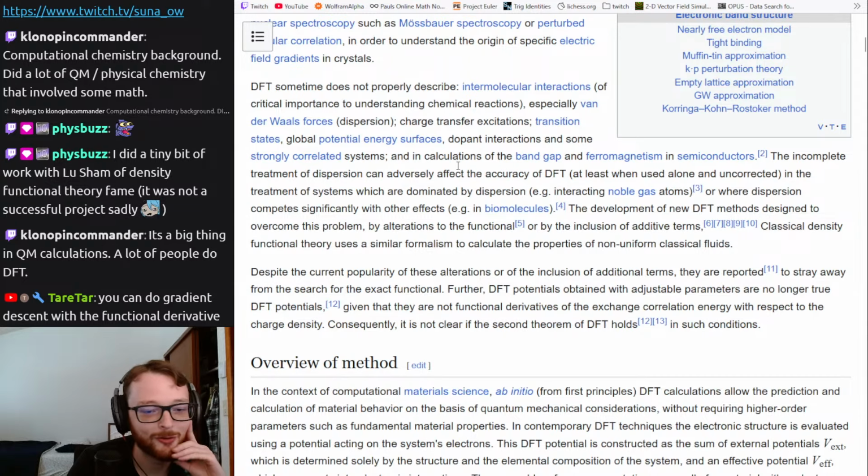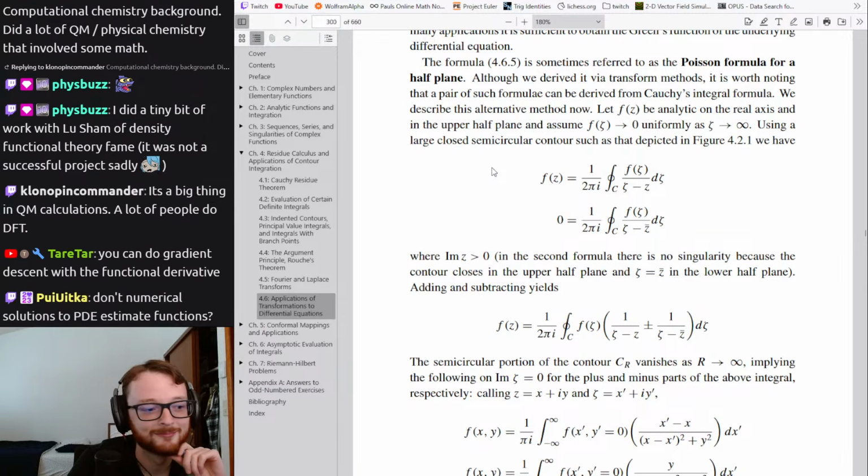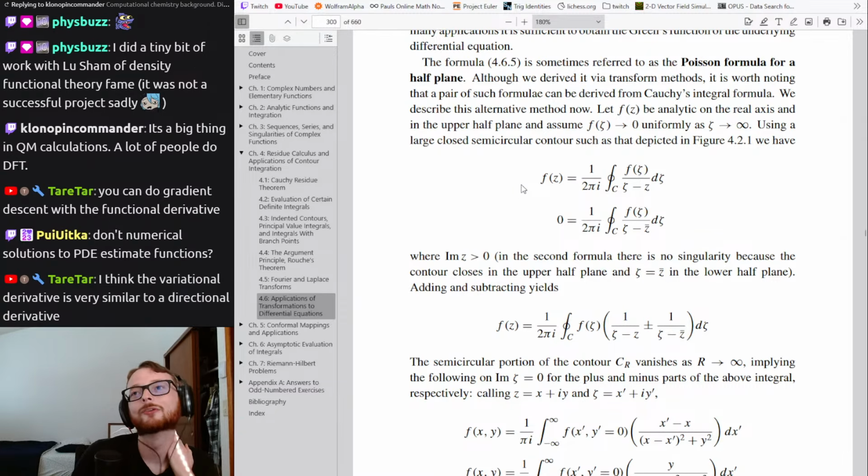I've only barely dipped my toes into functionals when I was trying to do the general relativity stuff. And it's so crazy that you can do calculus on functions and not just numbers. So numerical solutions to PDEs estimate functions.